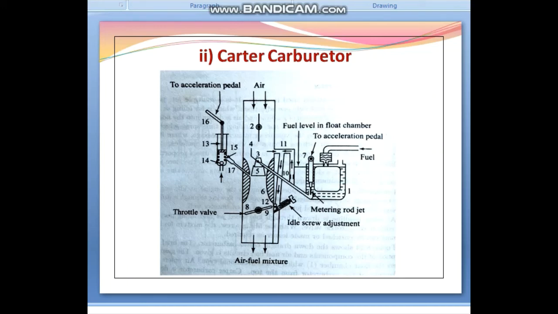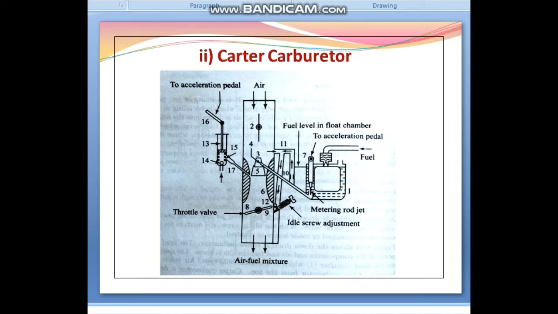On rapidly opening the throttle by pressing the accelerator pedal, the pump is actuated and a small amount of gasoline spurts into the choke tube by the jet, that is 17.